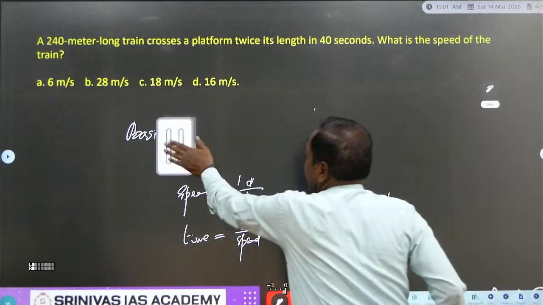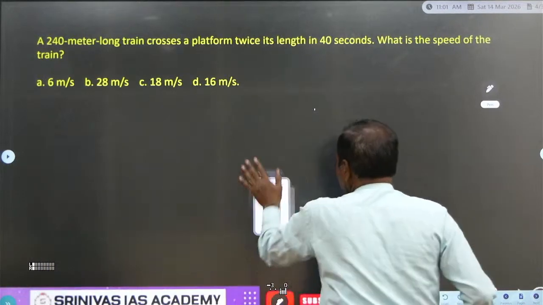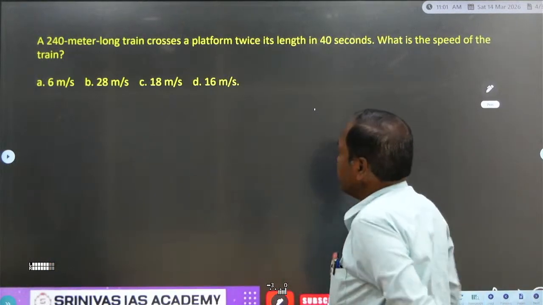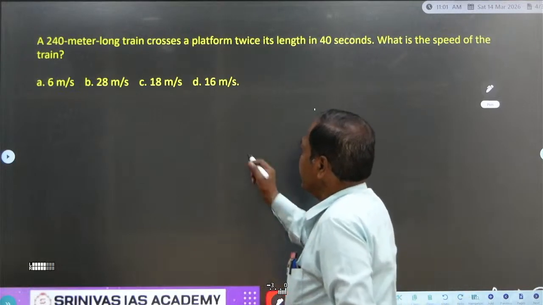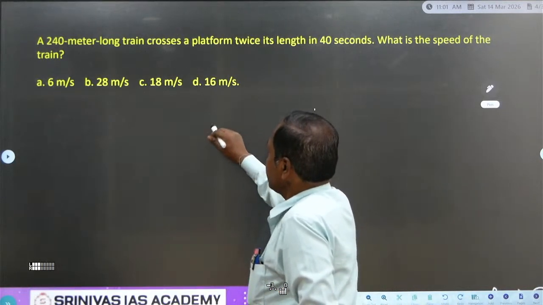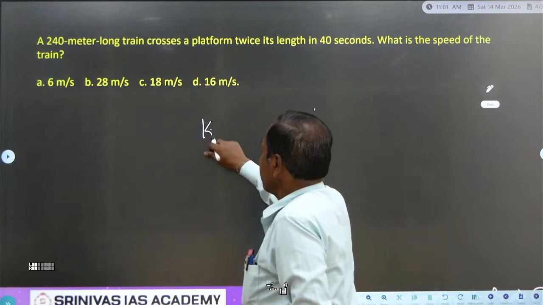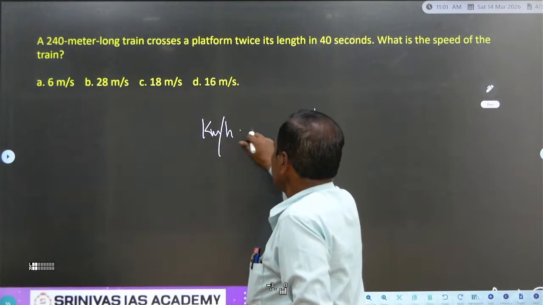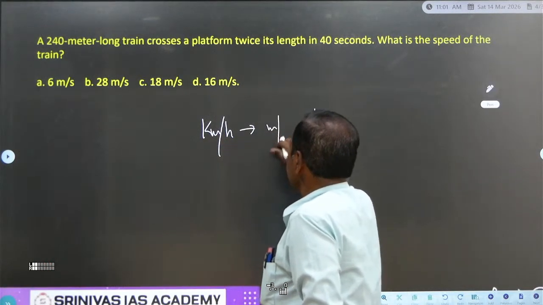this is the one. Next you can see the 5 by 18, how it happens. 5 by 18 means kilometer per hour to meters per second.